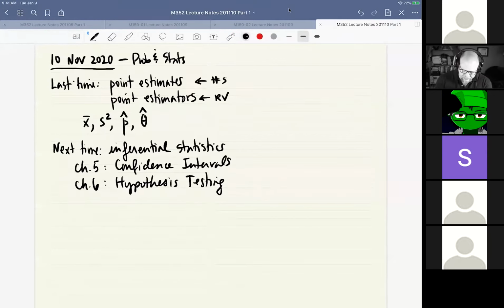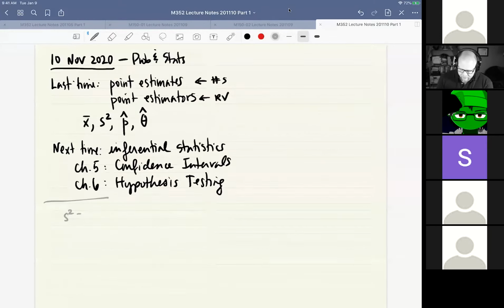So let me make sure I understand your question. So there are 2 ways that we could measure, let's call it the variance, the sample variance, since the standard deviation is just the square root of the variance.